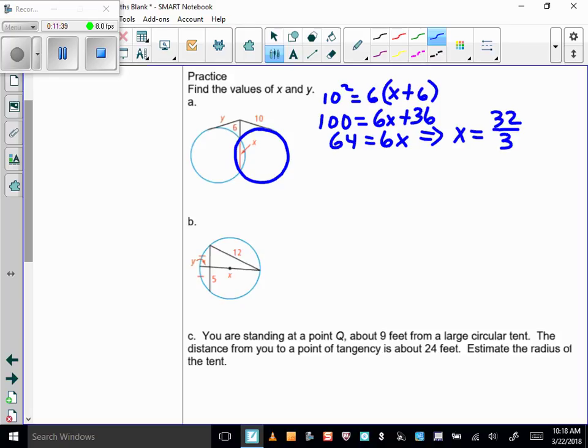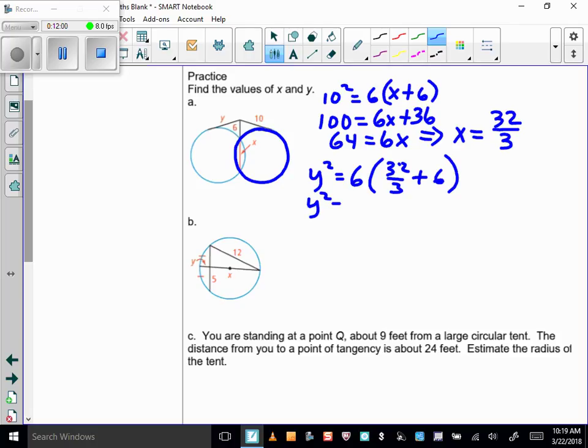Okay, now let's do the other circle to figure out what y is. I know that y squared equals the outside times the whole thing, which is 32/3 plus 6, right? Because we've got to plug in 32/3 for x.